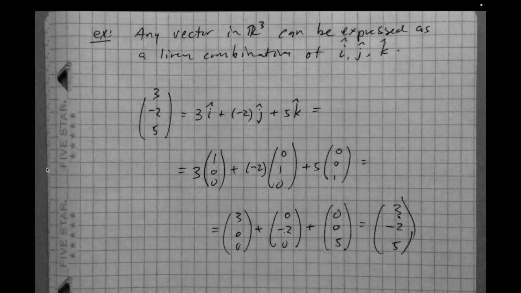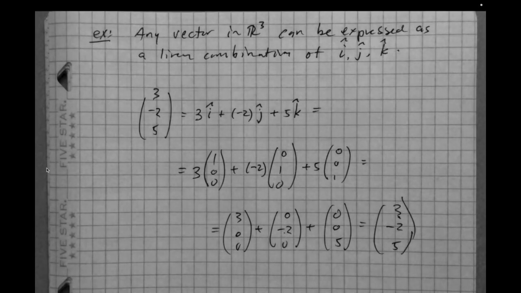Obviously the same thing is true in R2, just using i and j. I can represent any vector in R2 just using i and j. And it turns out that any vector in Rn can be represented by using n standard unit vectors from Rn.